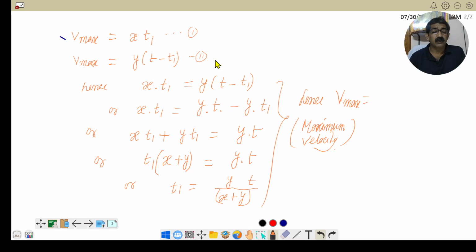So Vmax is equal to x into T1, and T1 means y T by x plus y. So Vmax is equal to x y T by x plus y. This is the answer to your question.